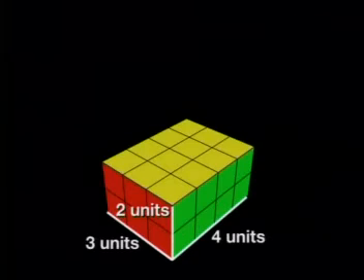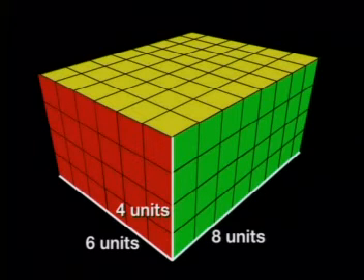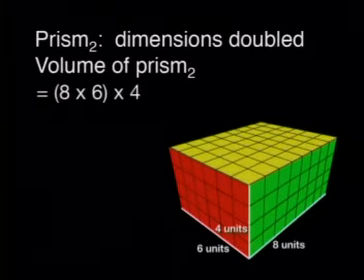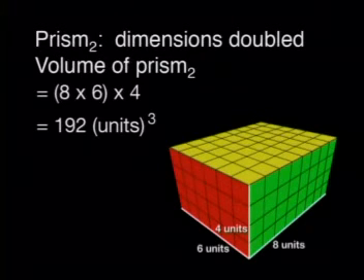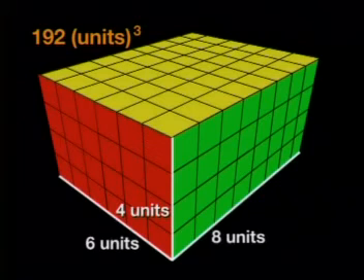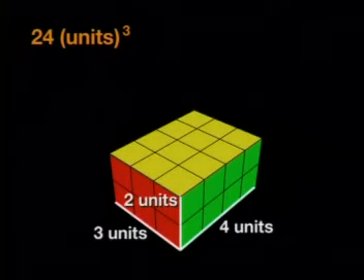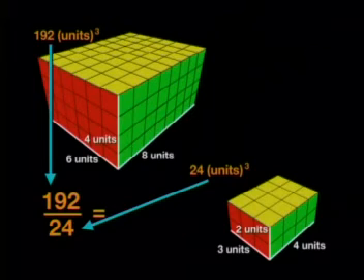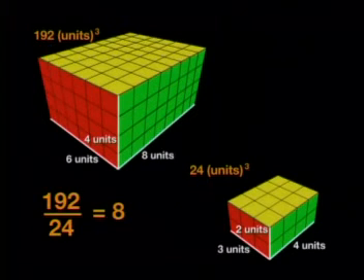If we double each of these lengths, we get 8, 6, and 4. The volume of the new prism will be 8 times 6 times 4, and that comes to 192 cubic units. If our rule works, we should find that this volume is 8 times more than this volume. 192 divided by 24 equals 8.